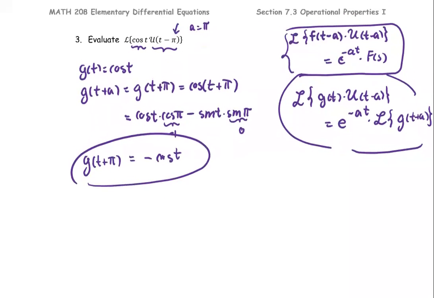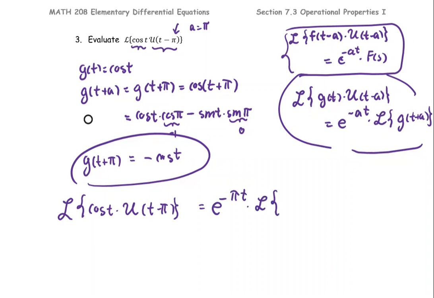Now we are going to put together what we have, as we use the second translation theorem. So then the Laplace transform of cosine t multiplied by the unit step function t minus pi is in the form of e to the negative pi s multiplied by the Laplace transform of g of t plus pi.